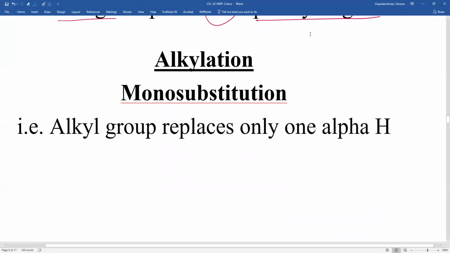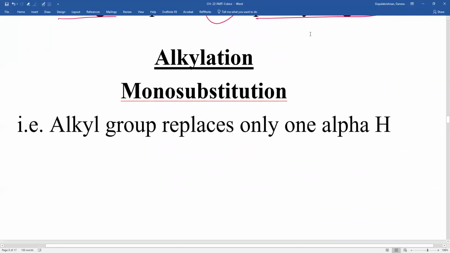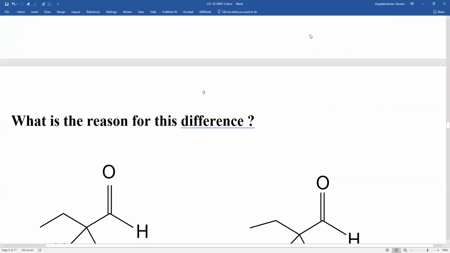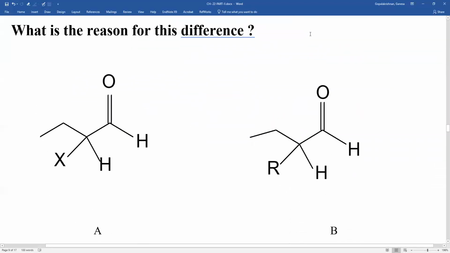But on the other side, alkylation using base as a promoter is just a mono substitution. Only one hydrogen is replaced by the alkyl group. Why is there a difference? Why is halogenation a poly substitution and alkylation a mono substitution?